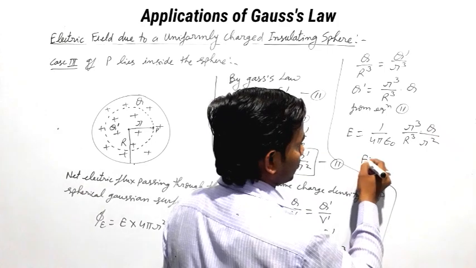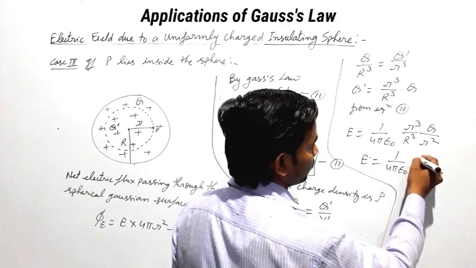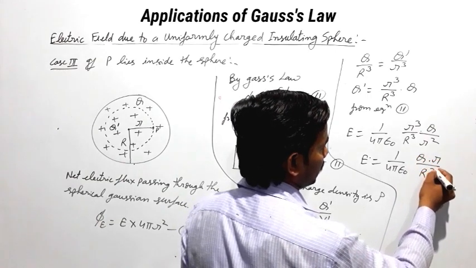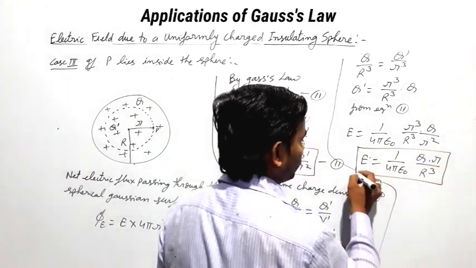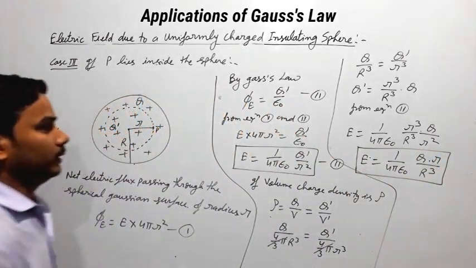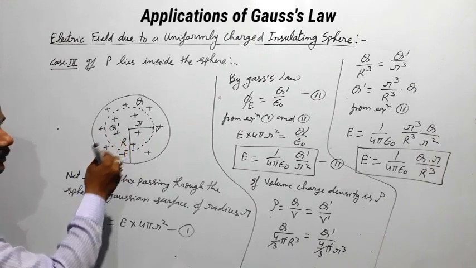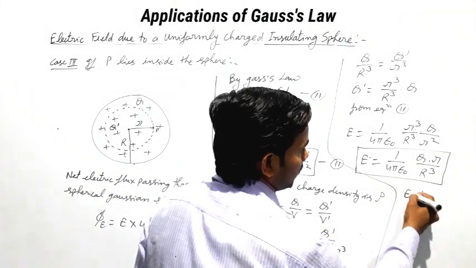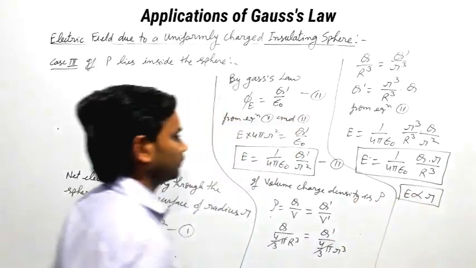So this becomes 1 upon 4 pi epsilon naught, capital Q into small r upon capital R cube. This is the equation for the electric field due to an insulating sphere inside the sphere. So this shows that E is directly proportional to small r for the inside.